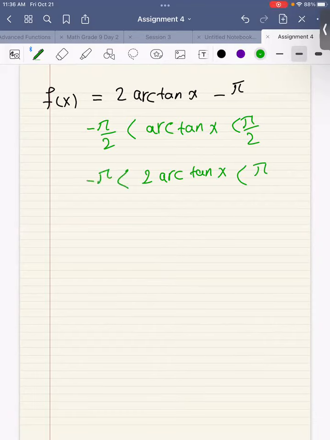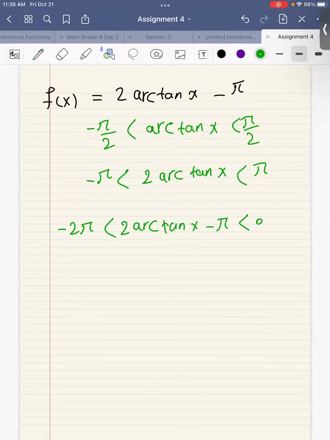And if you subtract pi, we get 2 times arctan of x minus pi. So here you get 0, here you get minus 2 pi. So it's between minus 2 pi and 0.